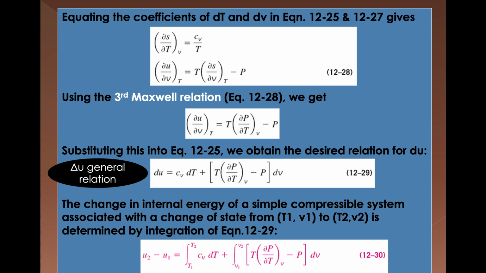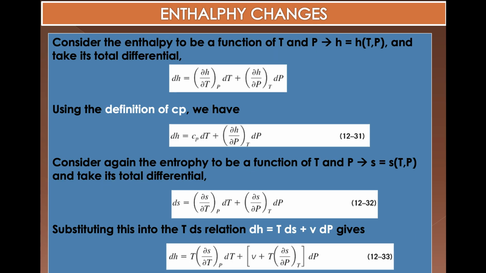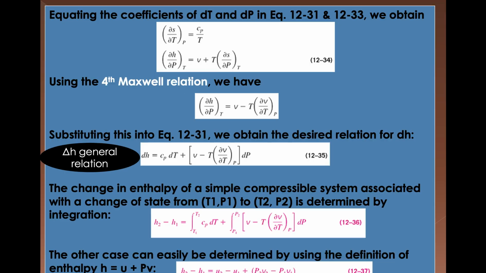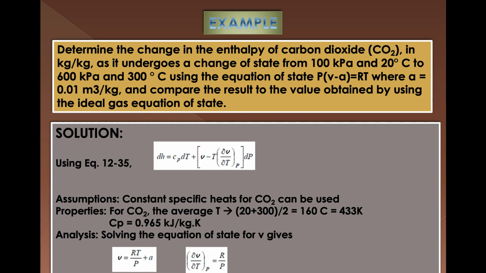So basically, in thermodynamics, it involves a lot of integrations so that you can get this answer. Okay, so that's all for this session. I will proceed with the next session on enthalpy changes and entropy changes.